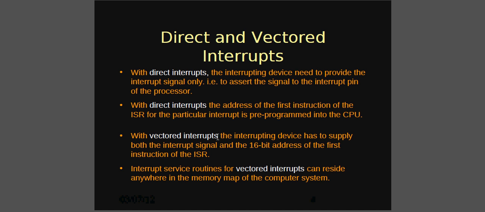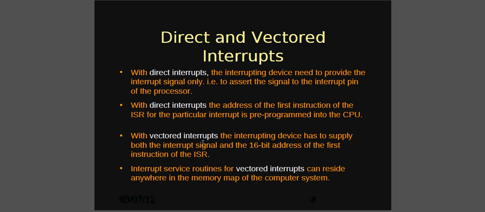And then the second one is the vector. So for the direct interrupts, you just trigger the interrupt pins, and you don't have to give the address referring to the ISR, because the ISR address is already embedded inside the CPU.